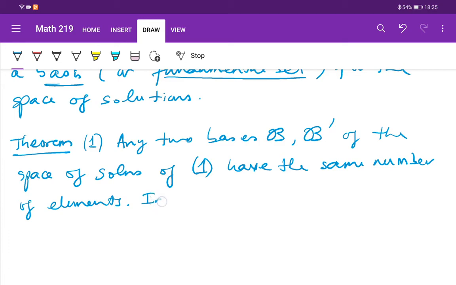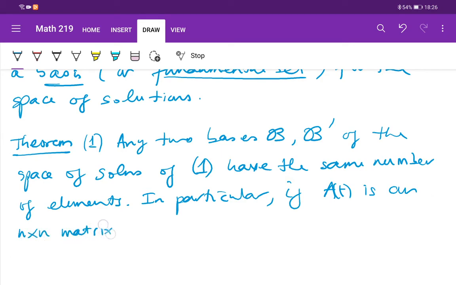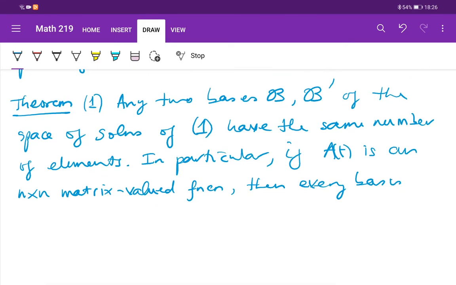In particular, if A of t is an n by n matrix valued function, then every basis for the space of solutions will have n elements.